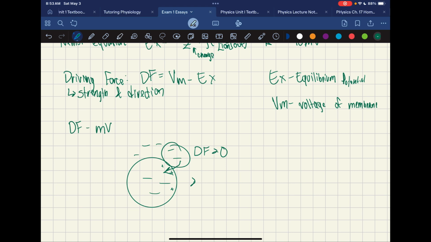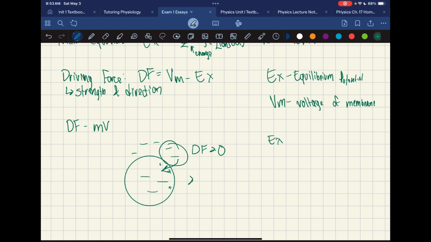A quick example using the equation would be as follows. So let's say we're trying to find the equilibrium potential. So we're going to use negative 61.5. And let's just say it's potassium. So it's a +1 charge. We use the log of this, and we understand that the concentrations are as follows.